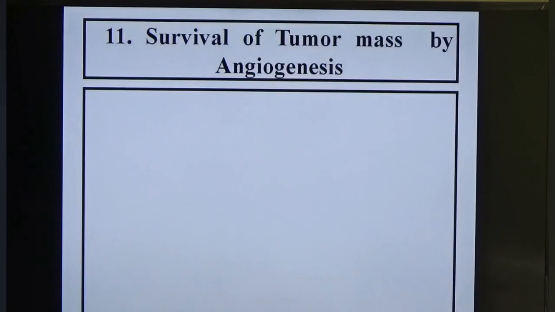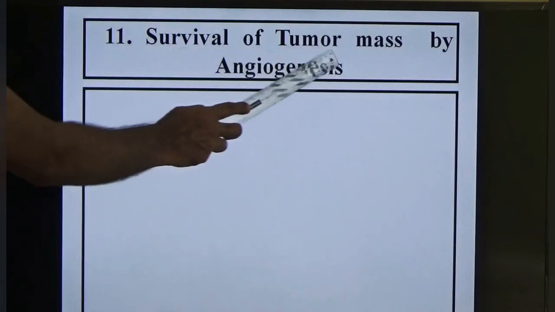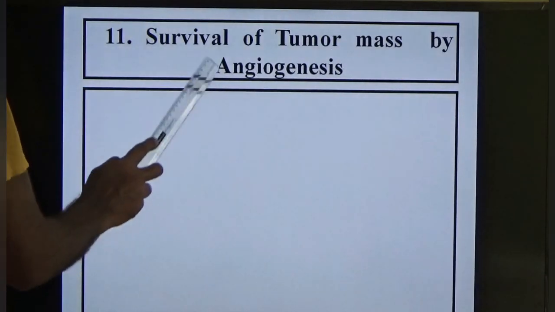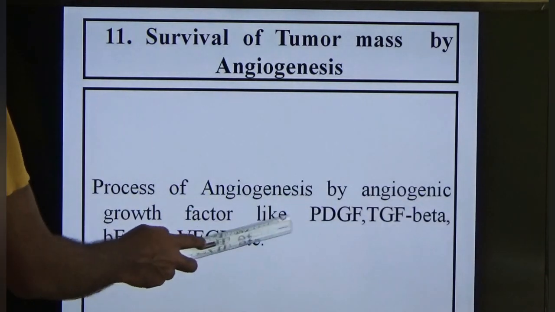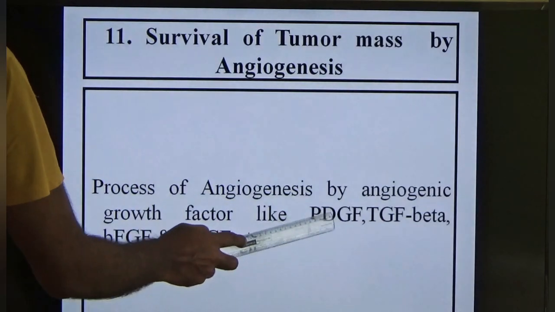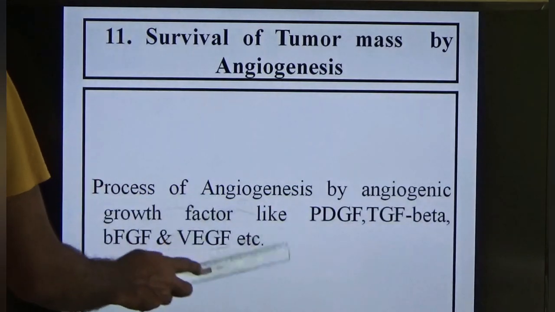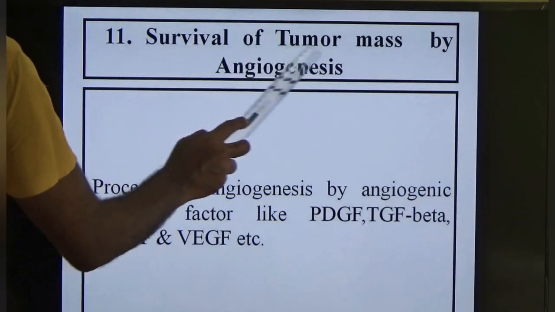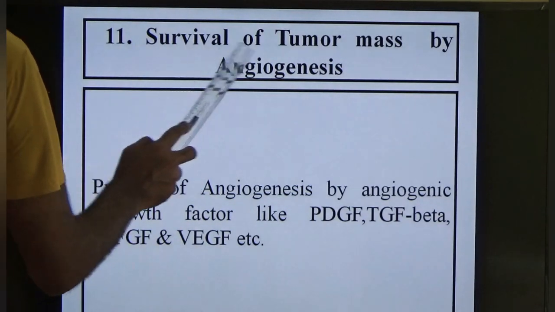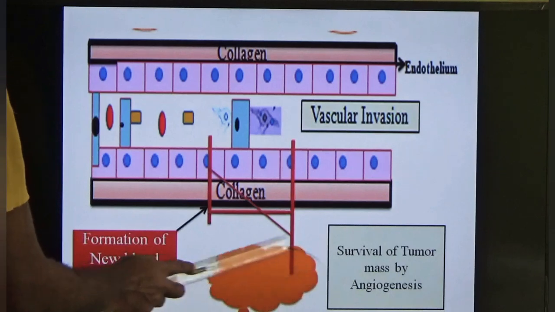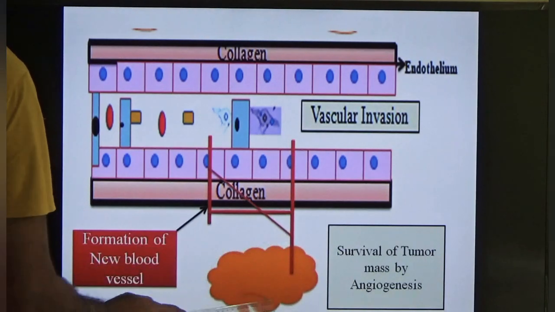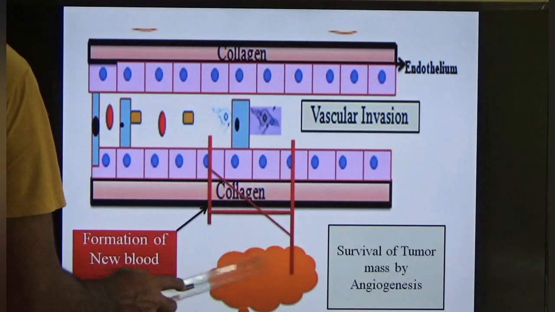So the last one is the survival of the tumor mass by angiogenesis. Why angiogenesis? The process of angiogenesis is driven by angiogenic growth factors, like so many growth factors, we have mentioned platelet derived growth factor and others. Why is it coming? Once the tumor mass develops in any part of the body, it requires nutrition for its development. So who is giving nutrition?